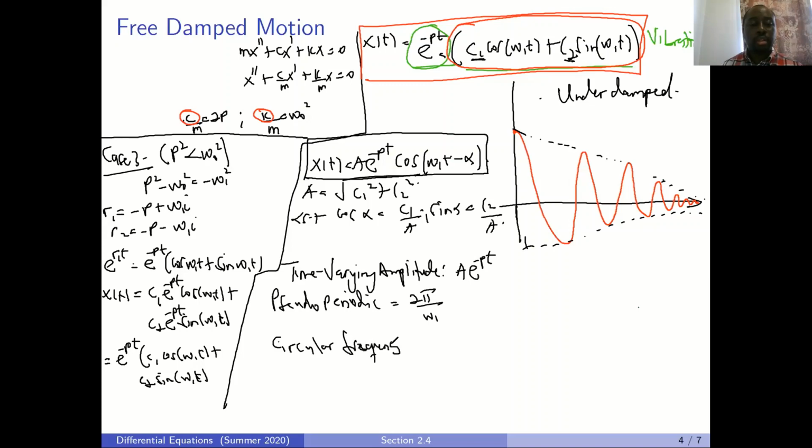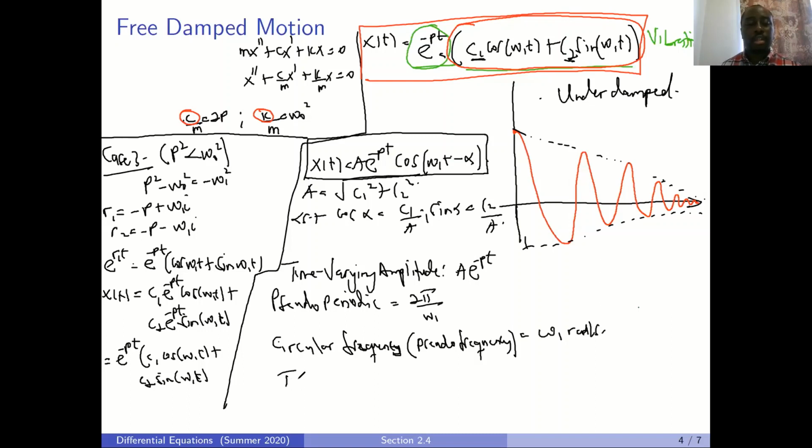Again, this is not really a clean frequency because we don't really have a periodic motion here. So the textbook also gives the option of referring to this as the pseudo frequency. And that is of course w1, and this is in radians per second.